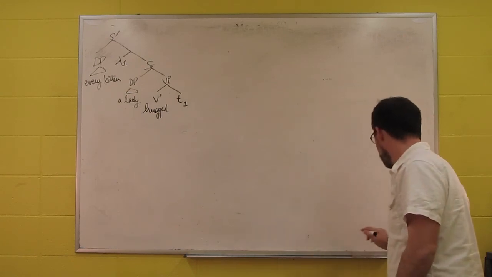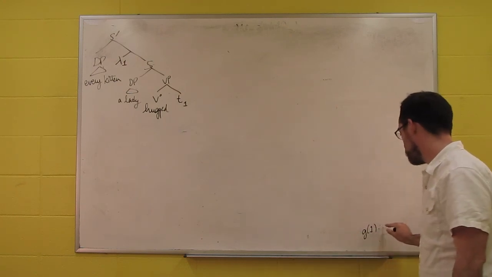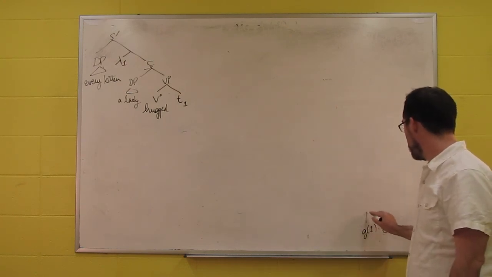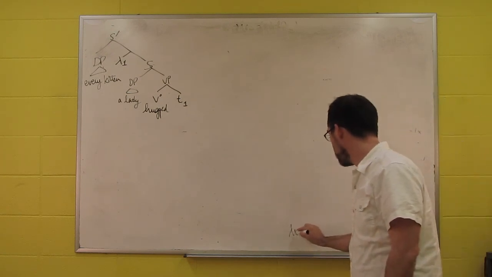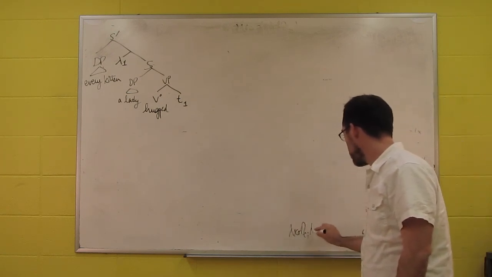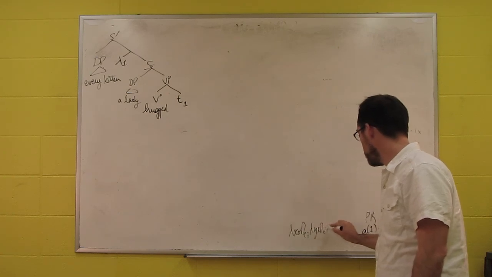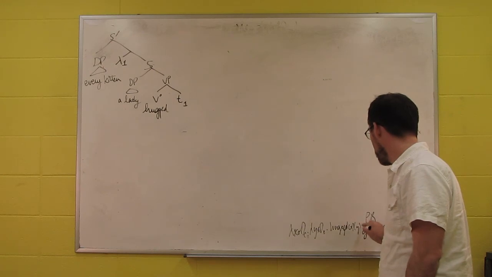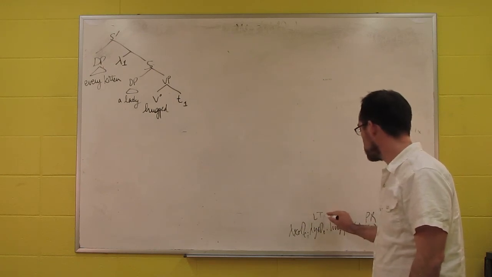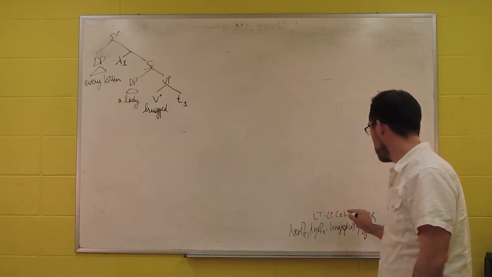So T sub 1 is going to be interpreted. Let's use assignment G just because it's a good assignment. And that's going to be interpreted with the pronoun rule. Hugged, we know, it's lambda x in D sub E, lambda y in D sub E, hugged xy, and that's lexical terminal rule, EET.